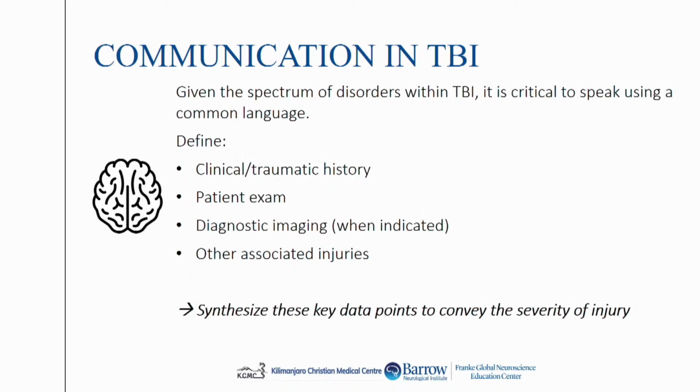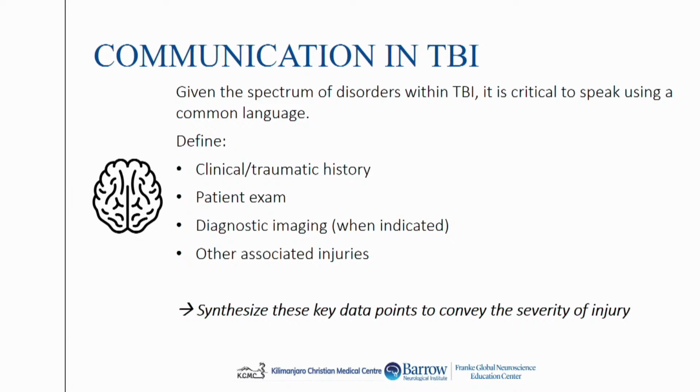It's really important that beyond being able to define traumatic brain injuries in a way that we can all understand and agree on, we also know how to describe or communicate around patients with TBI in a common language, so with similar tools. That often includes our standard clinical exam and history. That is obviously the basis of any patient care before the hospital, in the field, all the way up into the hospital and beyond to rehab, home, whatever setting the patient may go on to.